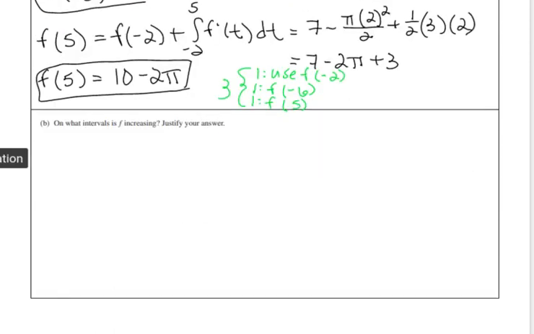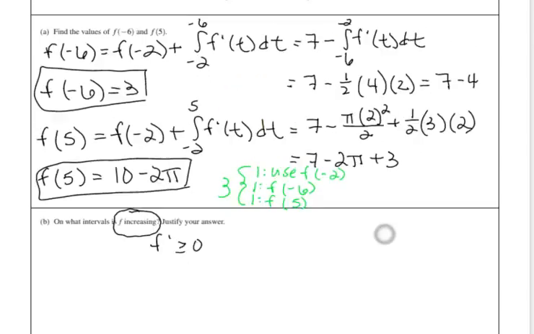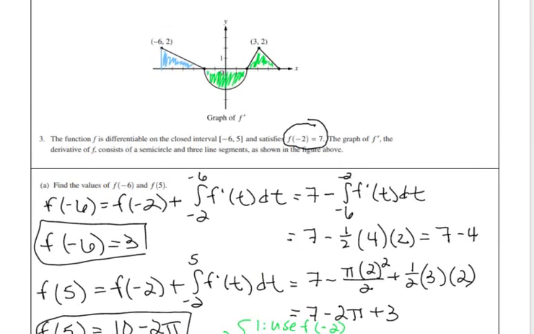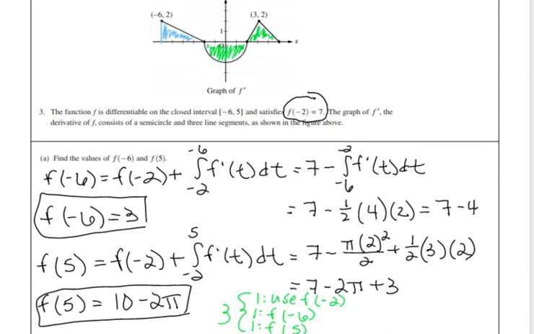Part B here asks us to find where f is increasing. So we know that for a function to be increasing, we're going to be looking for where f prime is greater than or equal to 0. Well, since we're given the graph of f prime, we really just need to look for where f prime is above the x-axis.